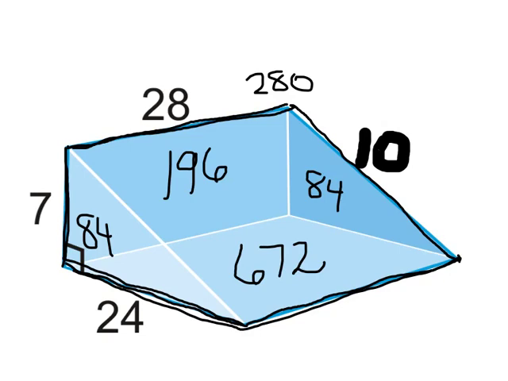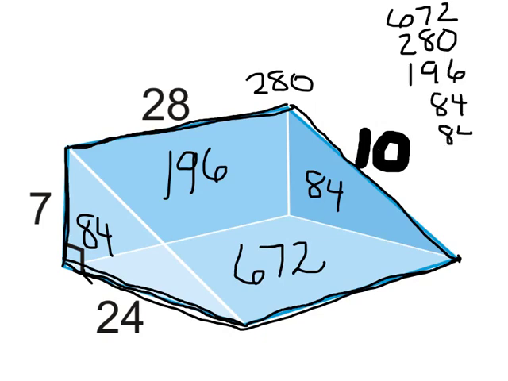So then I add the 1, 2, 3, 4, 5 different sides that I have, or surfaces that I have. 672, 280, 196, 84, and 84. All right, 6 plus 4 is 10, plus 4 is 14, 16.